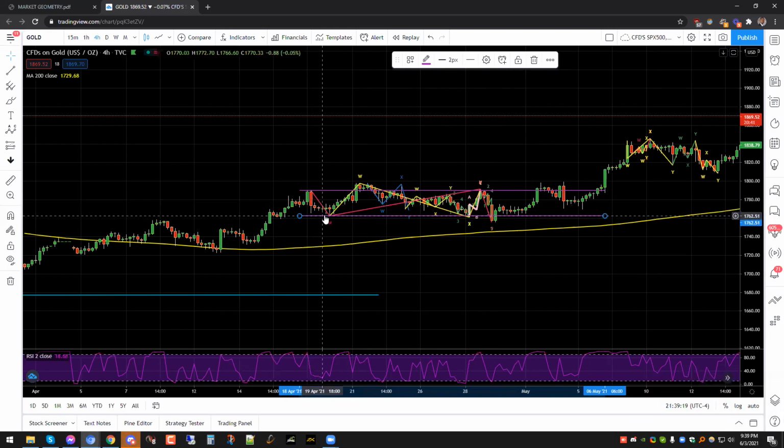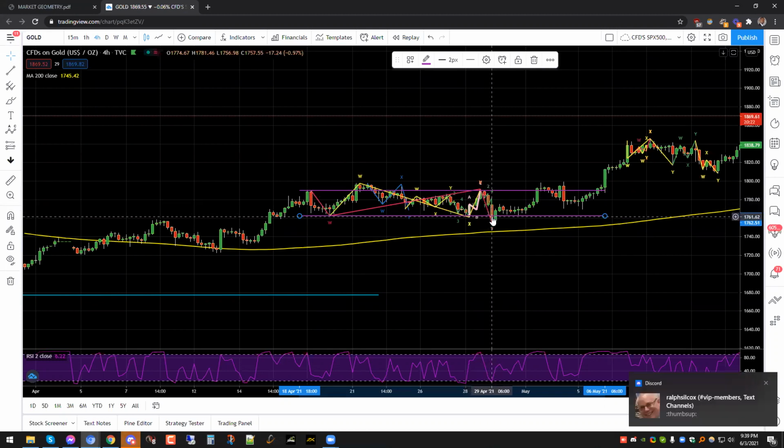So this wave we will project the distance of this wave at the end of the correction, and we can use this horizontal line to help us identify the end of the correction, since the correction is going flat. Project that distance at the end, and we will look to take profit at the end of that corrective move.